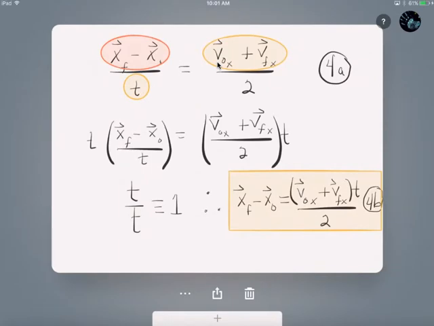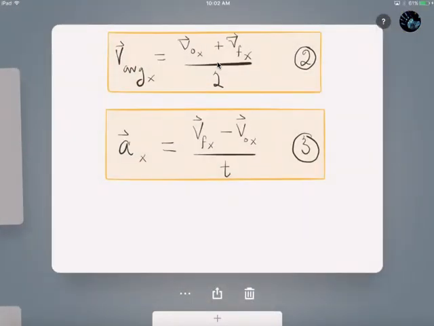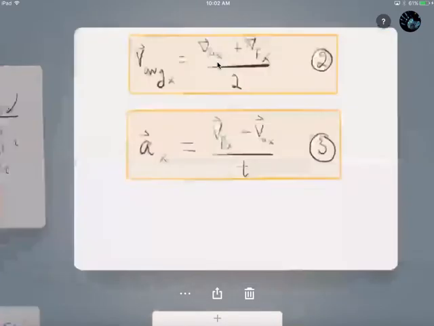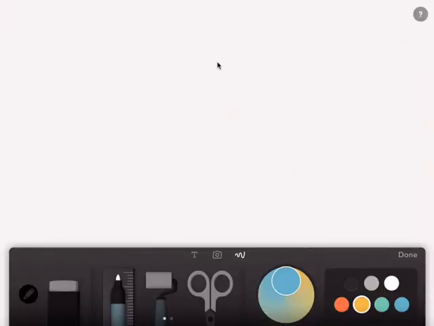Okay. Now, that's 4b. Let's go ahead, and what we want to do is we want to use 4b, and we want to use equation number 3 to come up with the next equation. You know what? Let's just start with equation number 3 to come up with our next kinematic equation. Okay, so equation number 3. Just give myself another piece of paper.